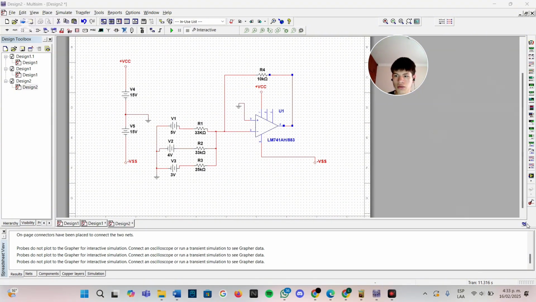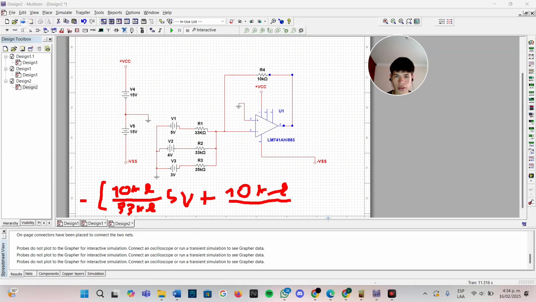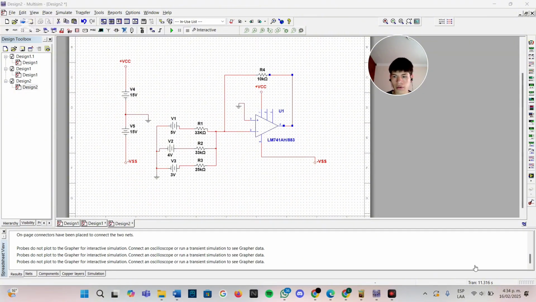Okay, so we can see in this equation that Rx is R4, 10,000 ohms, over resistance 1, 33,000 ohms, multiplied by V1, the voltage 1, which is 5 volts.